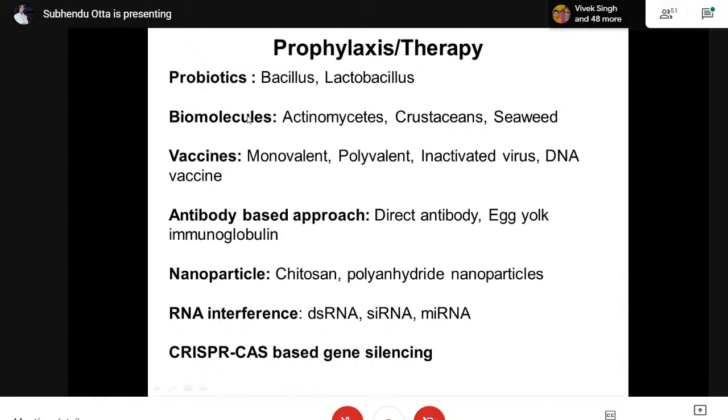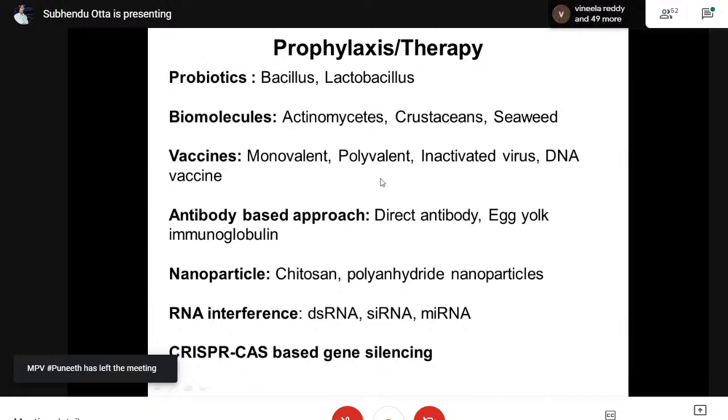Different biomolecules are also extracted from sources like actinomycetes or even crustaceans and seaweeds. These biomolecules, at the pure molecule level, have been extracted and found to be suitable against many of the viruses, particularly white spot syndrome virus.